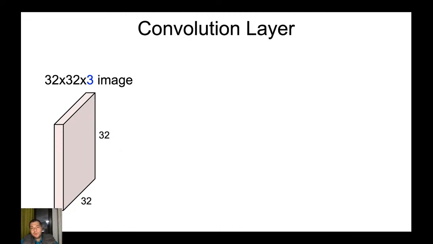Okay, so in the convolutional layer we have an input, and in this case we have an input image of 32 by 32 pixels that has 3 channels, red, green, and blue. So the depth is equal to 3.